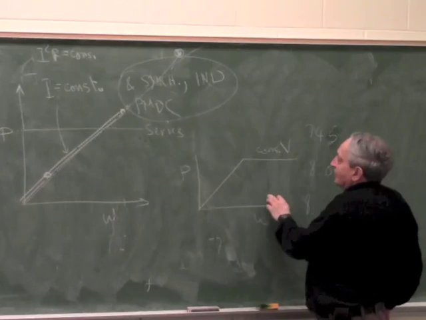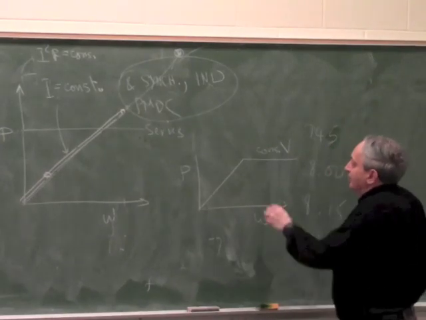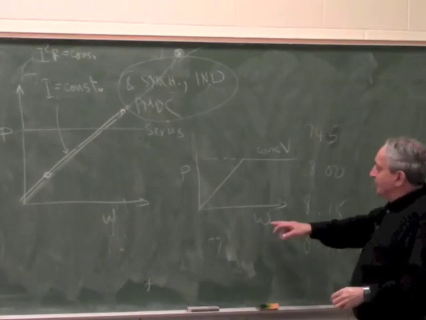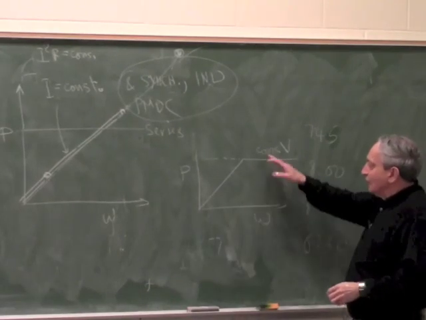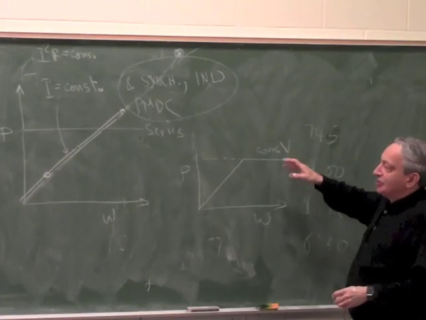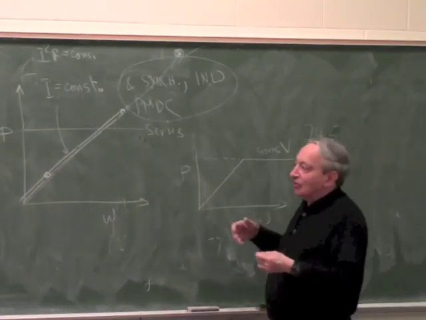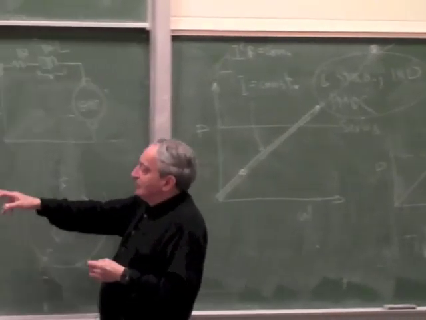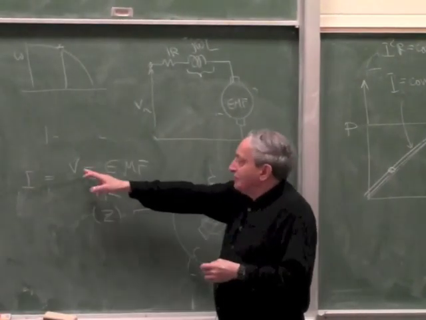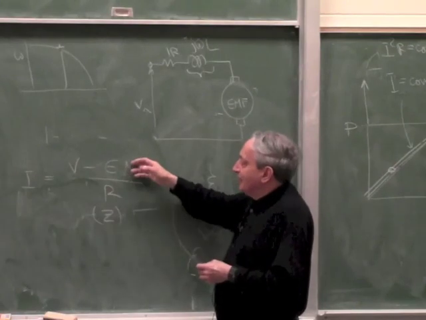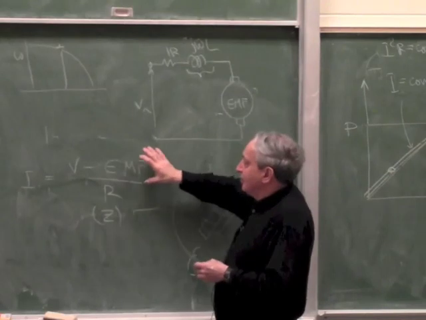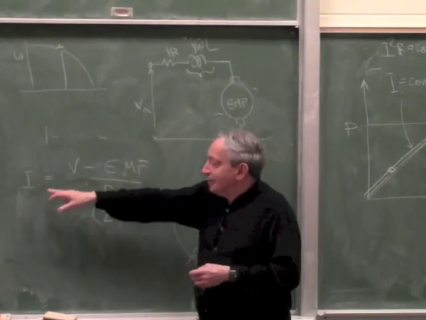So what happens here, when the power reaches saturation, because as you increase omega, the torque falls down. When the RPM goes up, the torque has to fall, because torque is proportional to I. So if V is fixed and the EMF goes up and up, I starts falling, because it's V minus an ever increasing value divided by R.